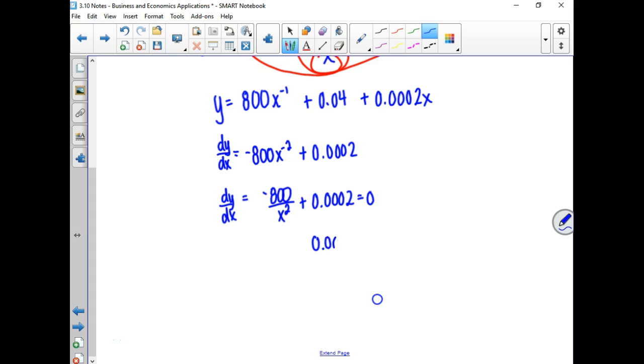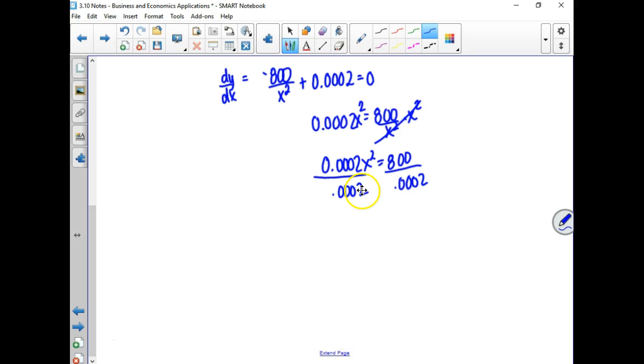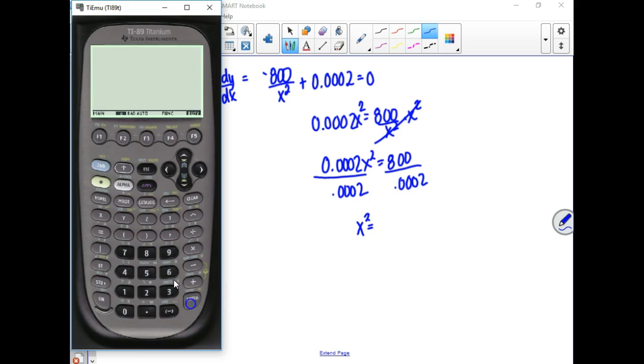So 0.0002 would equal positive 800 over x squared. Multiply both sides by x squared. 0.0002x squared equals 800. We divide by 0.0002, and so x squared equals 4 million.